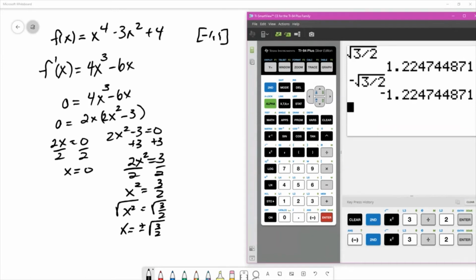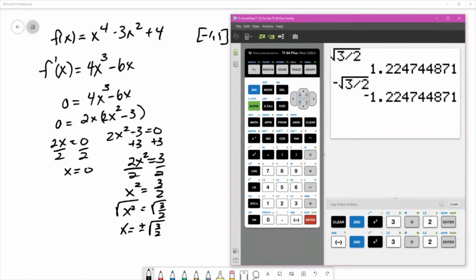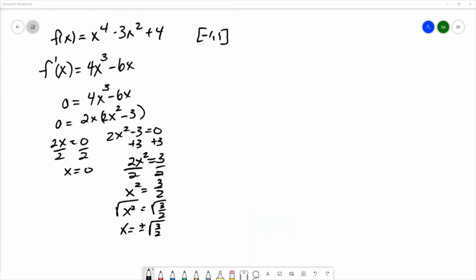So we're only going to be looking at the critical numbers in the interval as well as the endpoints. And we're going to test those critical numbers in the original function.